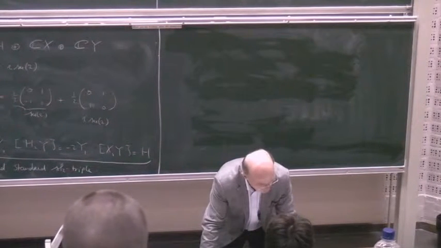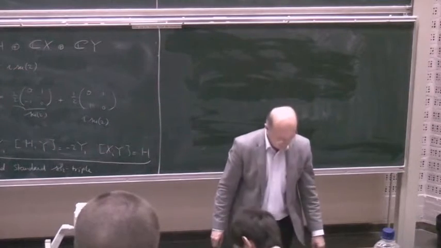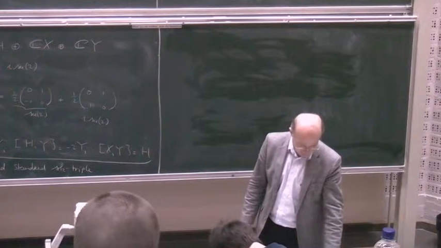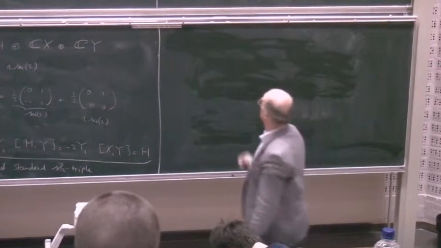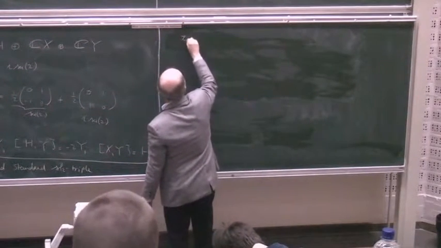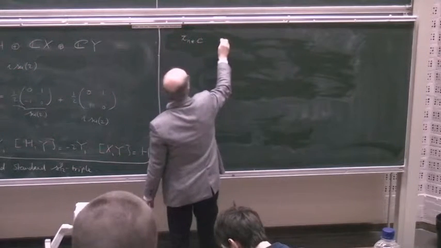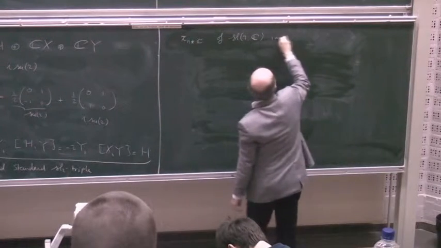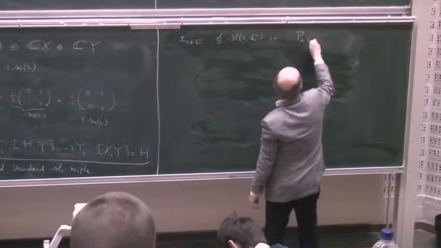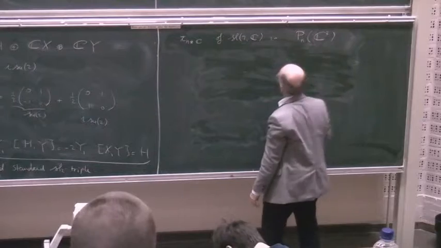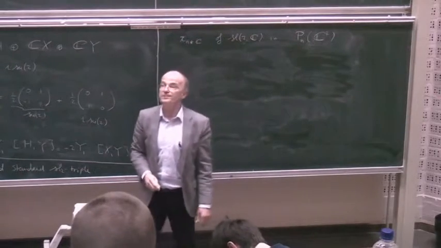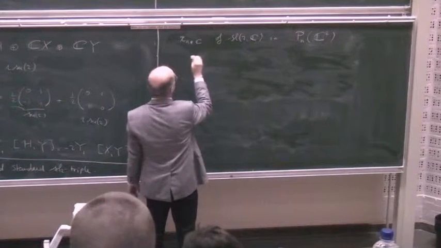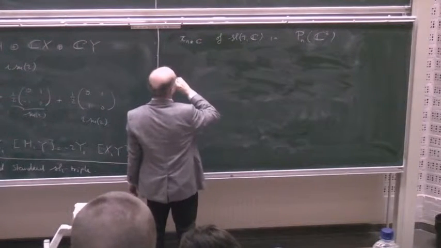So the first thing I'm going to do is calculate the action of SL2C. So we have the representation pi_n of SL2C in the homogeneous polynomials of degree n in two variables. And now I want to calculate this representation.